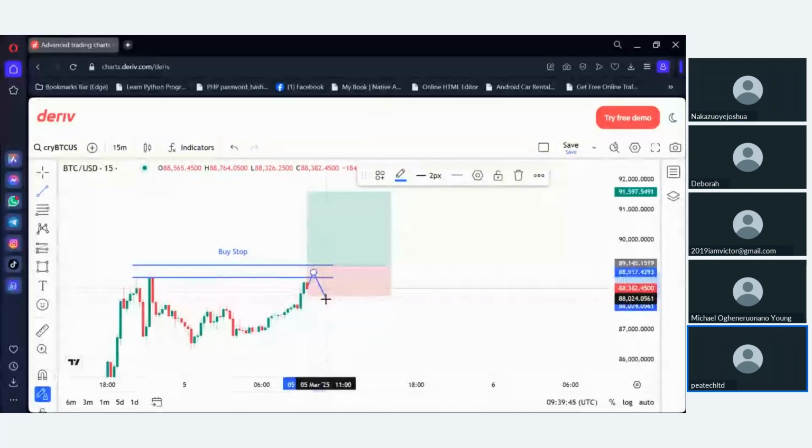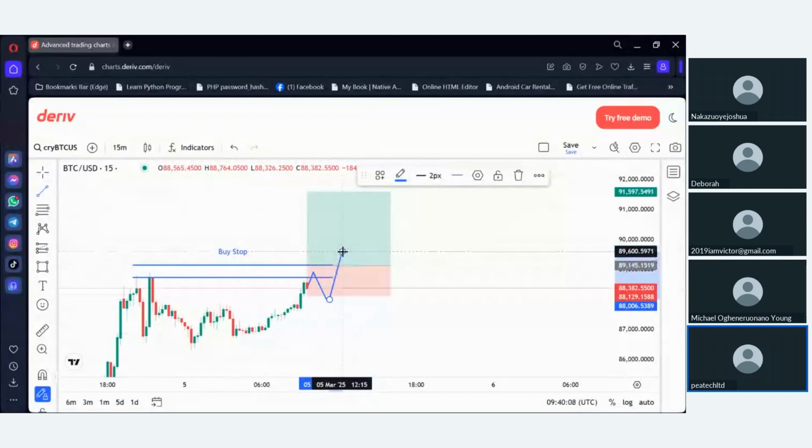Now, at this point, you are not at a loss because it has not activated your trade here. You understand? So if the market should now move upward like this and break this point, now at this point here, the market has activated your entry because it has gotten to the point where you placed your buy stop.